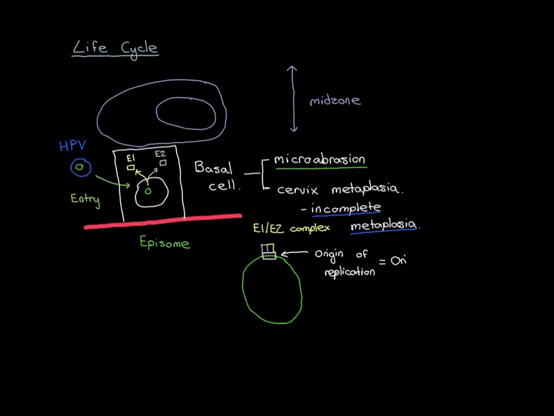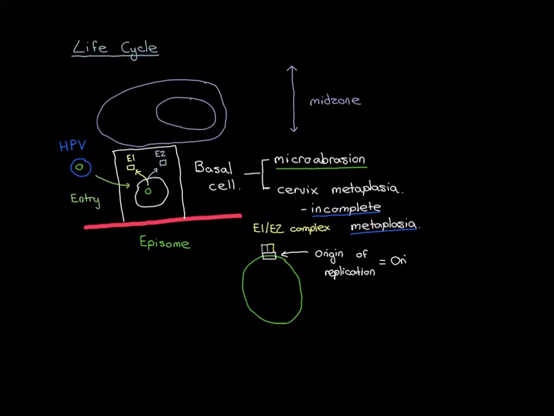Instead, you're going to copy it multiple different times, and this is why it's important to produce more E1 and E2 than just one copy each, so that once you've got more copies of the genome, the E1 and E2 complexes can form on their origins of replication as well, so that you can get them dividing as well.